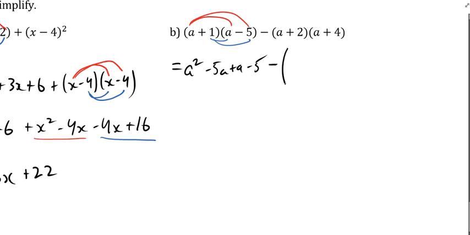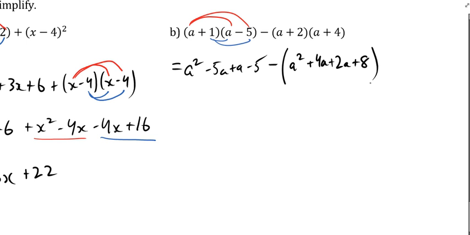Minus bracket. This is something that people will make a mistake on, so it's something you want to pay attention to while we're doing this together right now and try to recognize it and remember what to do. Because people use their intuition or they guess at it and then get it wrong. I'm going to multiply these guys, so it's going to be a squared plus 4a plus 2a plus 8, right?